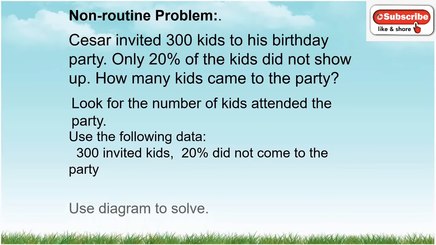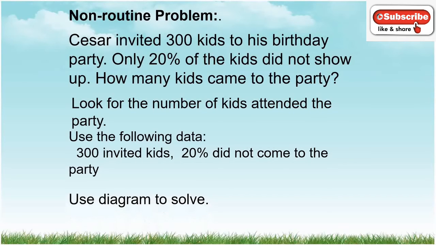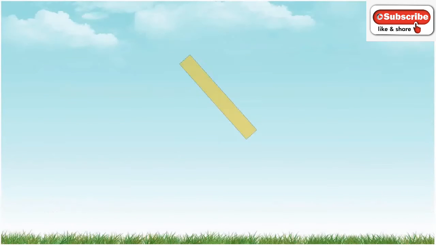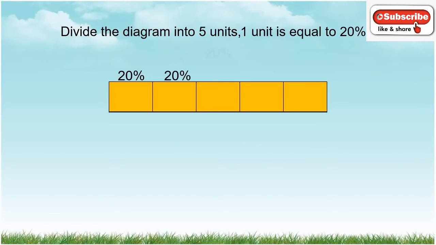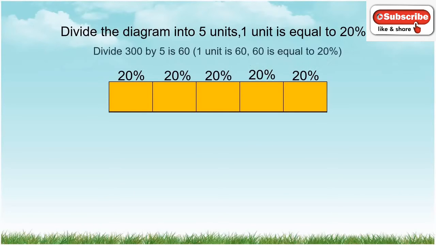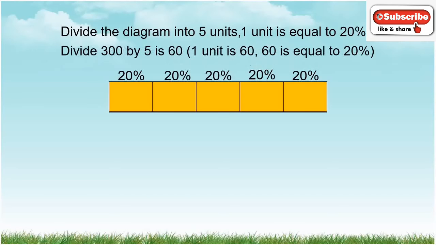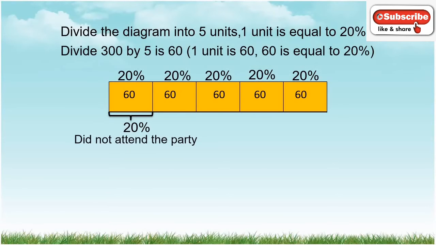Let us use diagram to solve the problem. Divide the diagram into 5 units. 1 unit is equal to 20%. Divide 300 by 5 is 60. 1 unit is 60. 60 is equal to 20%. This part represents the number of kids did not attend the party.